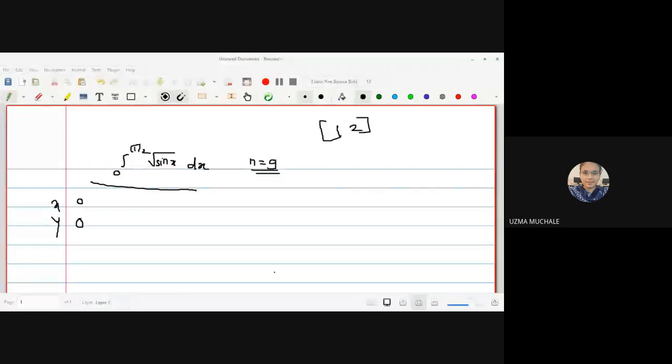Have you studied real analysis one in semester one? Yes, ma'am. Then no one remembers how to divide the interval? You haven't done the homework also. What was the geometric interpretation behind Simpson one-third and three-eighth?